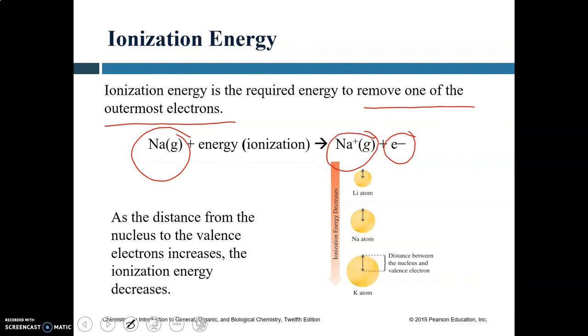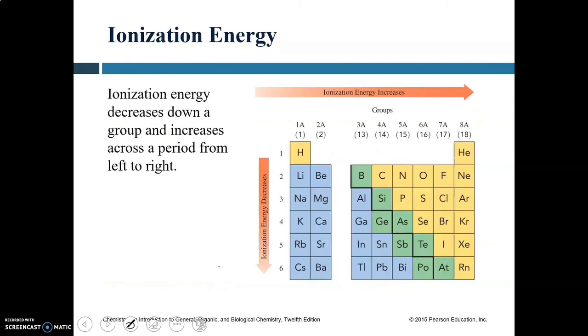So it turns out that the farther the electrons are from an atom, the lower the ionization energy is. So this is why, as you move down from top to bottom of a group, the size of an atom increases, and therefore ionization energy decreases.